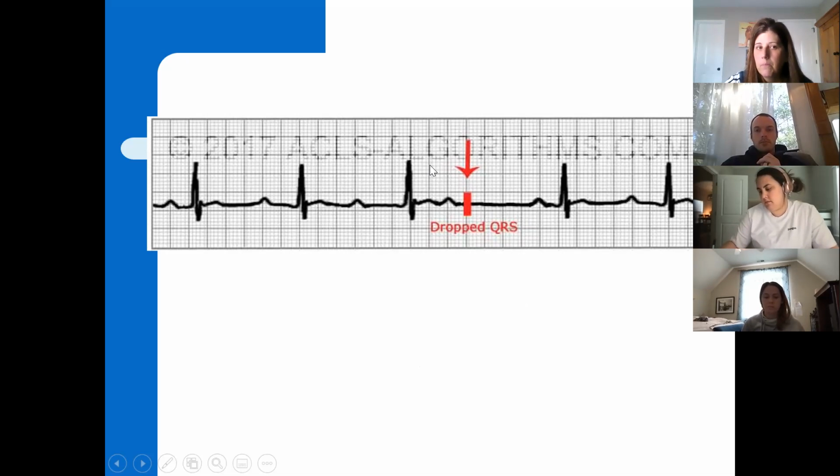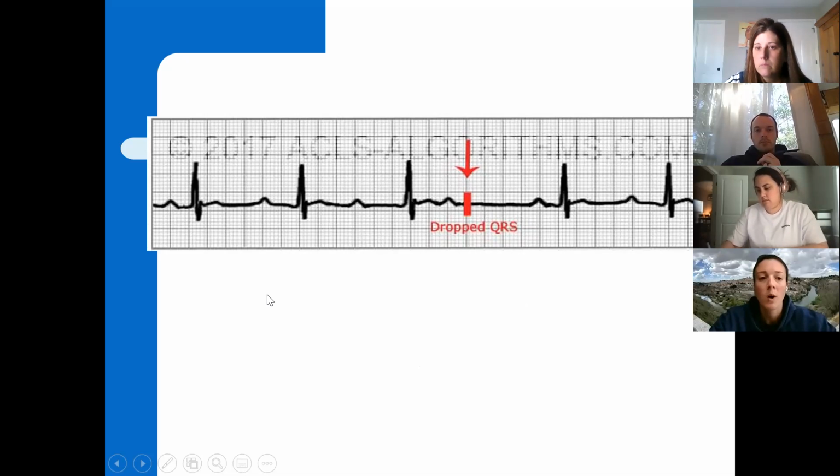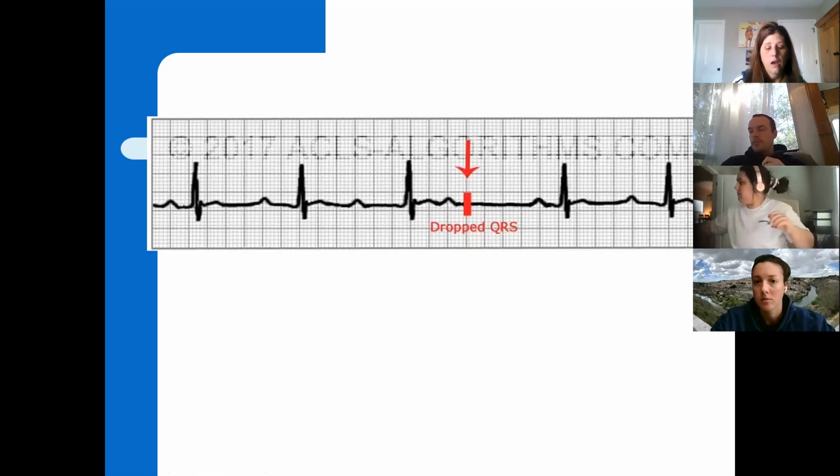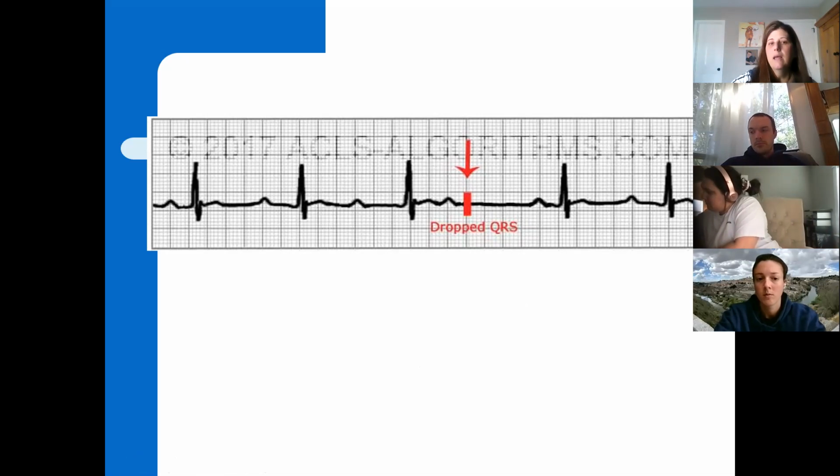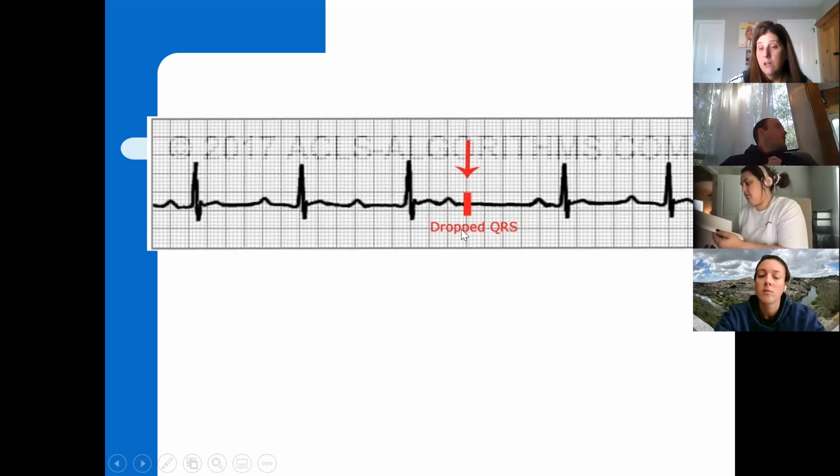Okay? Miss Stephen? Yes. What would the patient be feeling when this happens? They may be asymptomatic. They may not feel anything at all. Okay? They might feel a little bit short of breath, dizzy, because if our ventricle is dropped, we know our ventricle is responsible for the right side of the heart sending the blood to the lungs to pick up the oxygen, right?